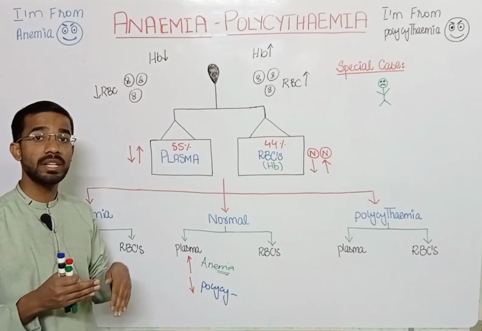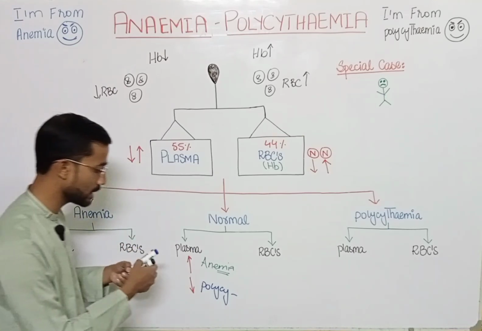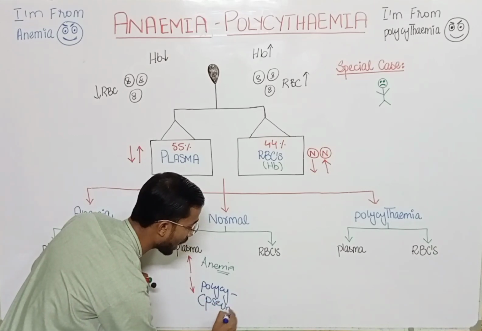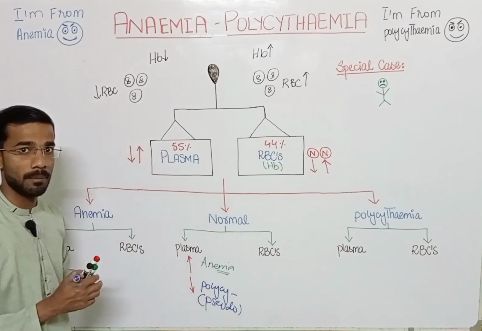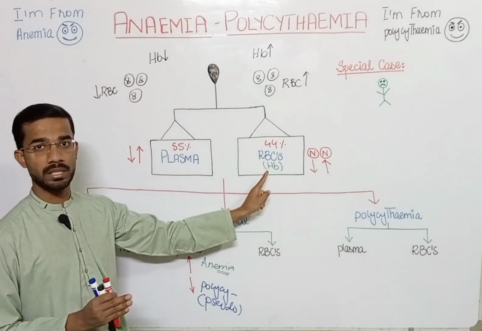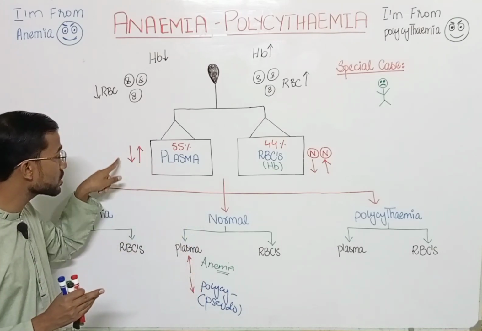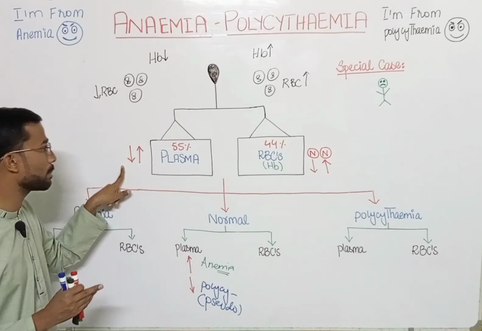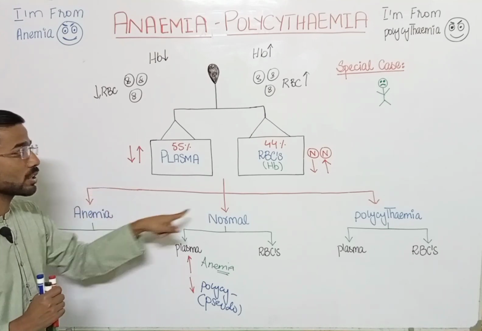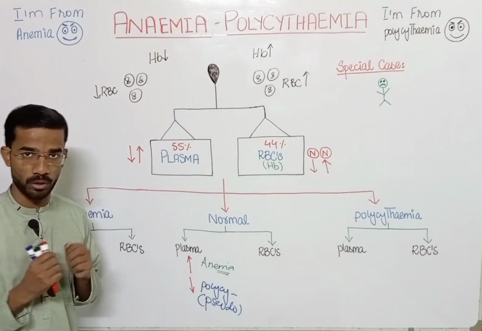It is actually apparent polycythemia, or you can say pseudo polycythemia, or false polycythemia, because in reality the number of RBCs is normal, but the amount of plasma is decreased. So in that situation, the condition goes toward pseudo polycythemia, or false polycythemia.